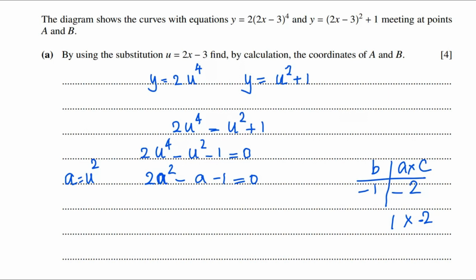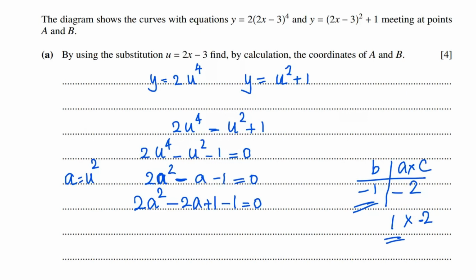When you add 1 and negative 2, we get negative 1. So this can be written as 2a squared, and this minus a can be written as minus 2a plus a, minus 1 equals 0.